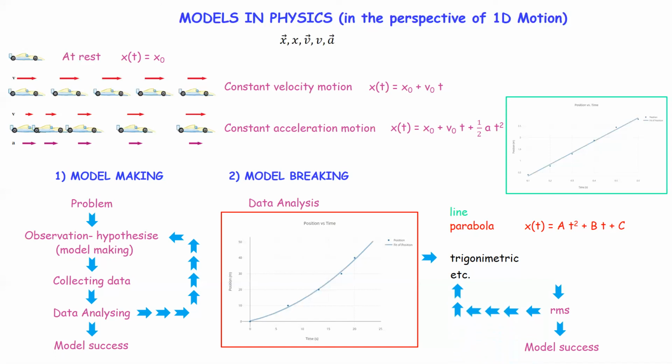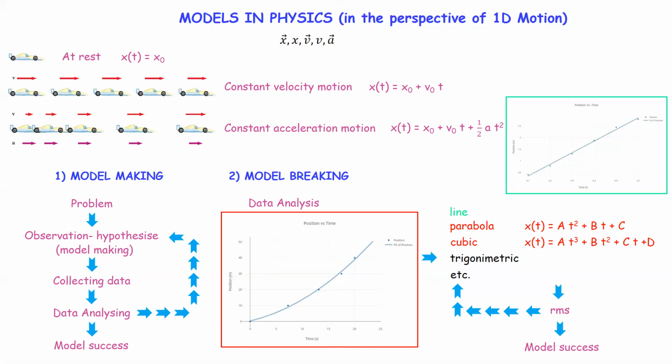So what do you do then? You had chosen the parabola. Then there might be a cubic expression like a t cubed plus b t squared plus c t plus d. You might have this expression as a model. So you choose another known analytical function and go through the same steps.